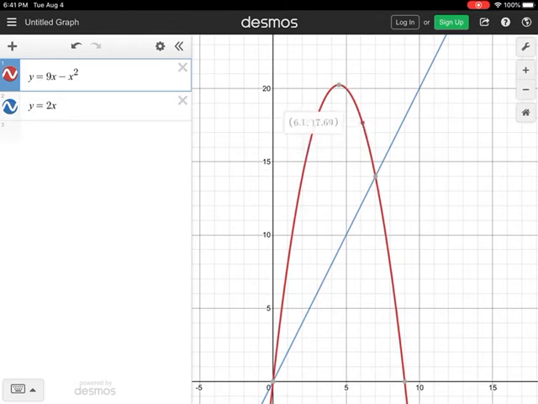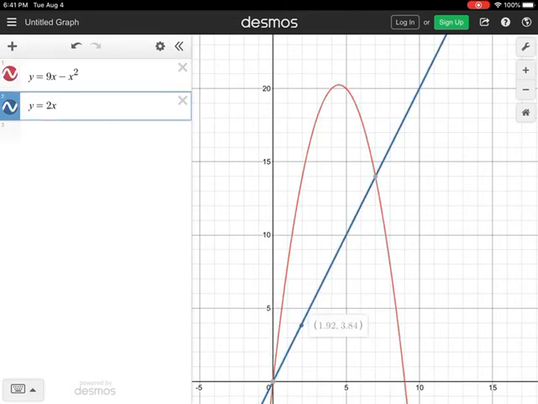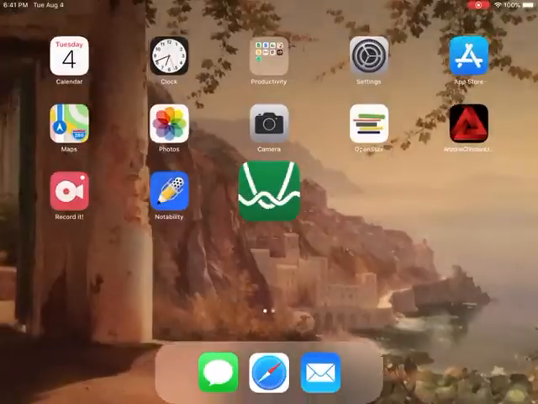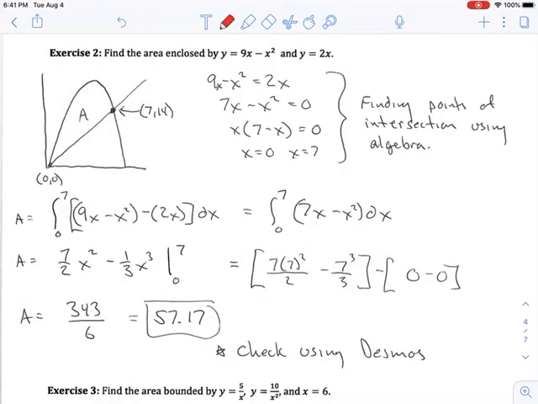So this area from up here all the way to down here, and then up the blue line. And so if we go back to here, here's a nice little drawing of what that area is going to look like. Now we need to know where these two points of intersection are.